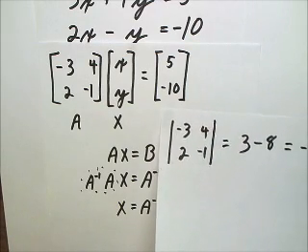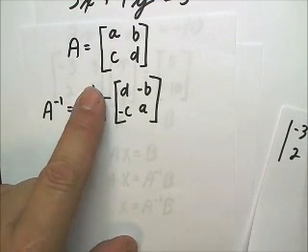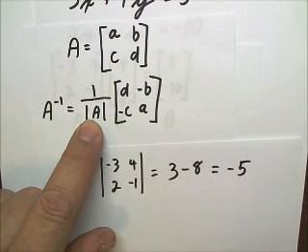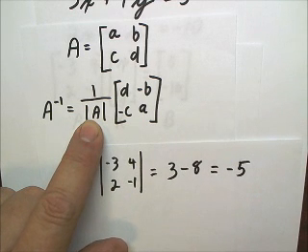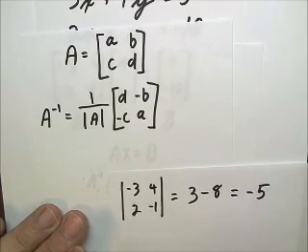So we figured out that this fraction, 1 over the determinant of A, is -1/5.